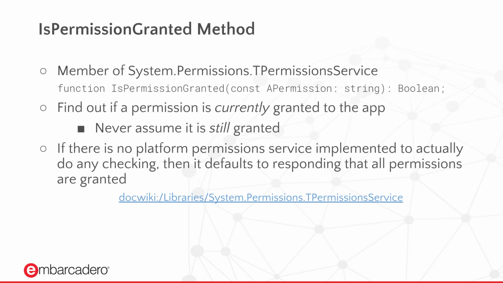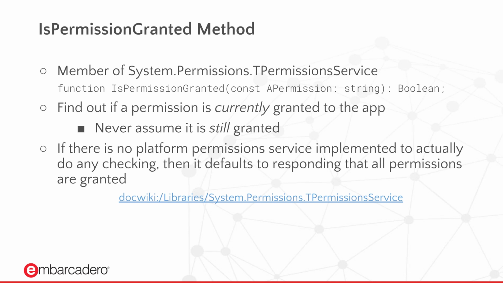Now, the user may have switched out of the app, ungranted the permission, and then gone back into your app again, or there are a number of scenarios. So don't ever assume it's granted. Now, in one process, you check to see if it's going to be used, and then you use it. You don't need to say, oh my goodness, 1 millisecond has passed, I should check again.